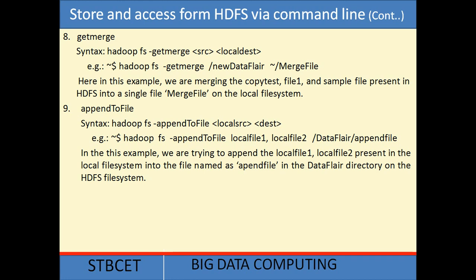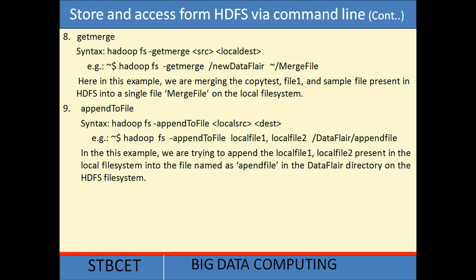All these will be clubbed and merged into a merged file, and that merged file resides in the local file system. That means you get all the merged data from the HDFS file system to the local file system. For that, the getmerge command is used.